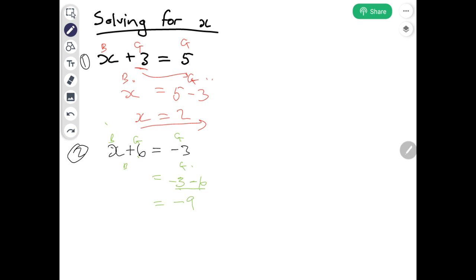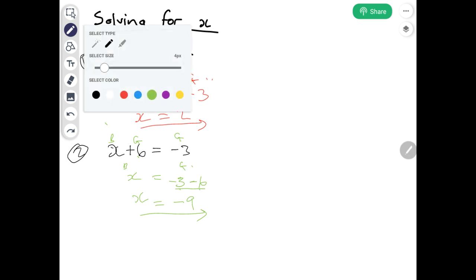And then here by the boy side you have your x, so your answer is x equals -9. So you have to notice the trick will be boy, girl, and then make sure that you change the sign. When a number moves to the other side, the sign changes, you see.